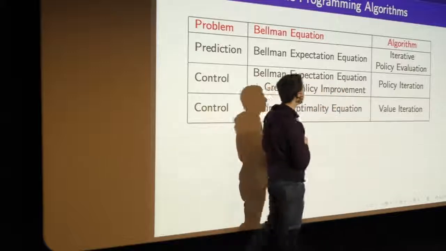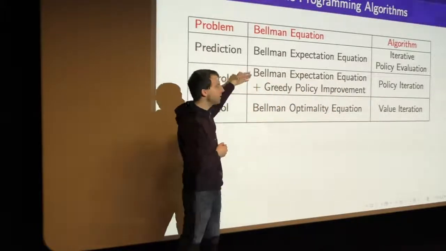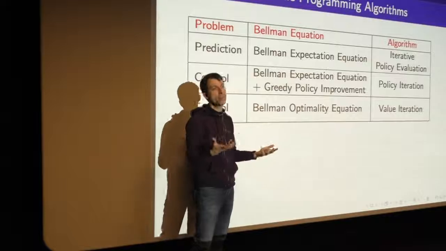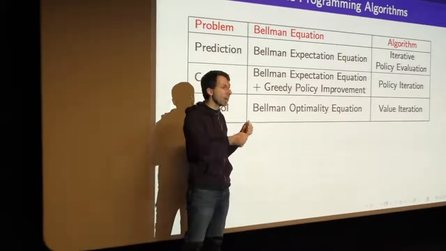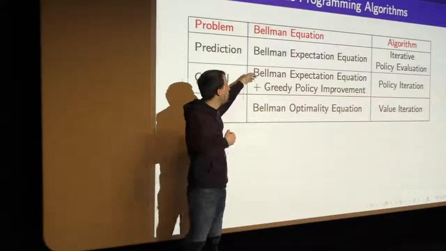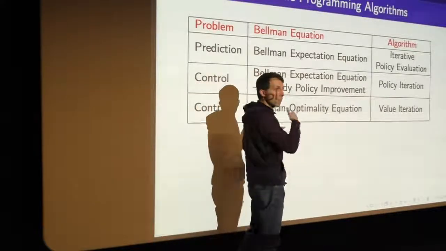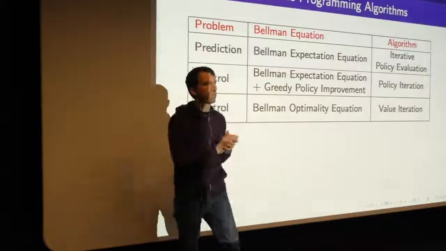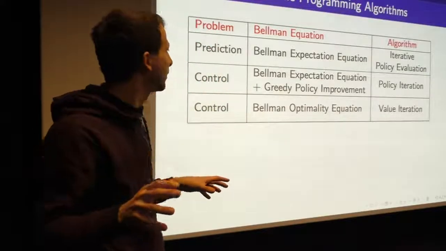Okay, and what we saw as well is that between these two lines is a spectrum, and that spectrum is the modified policy iteration algorithm, where if you go all the way down to k equals 1, only evaluating very crudely, then you recover the value iteration algorithm. Okay, is that clear? I really want to make sure people get this slide.